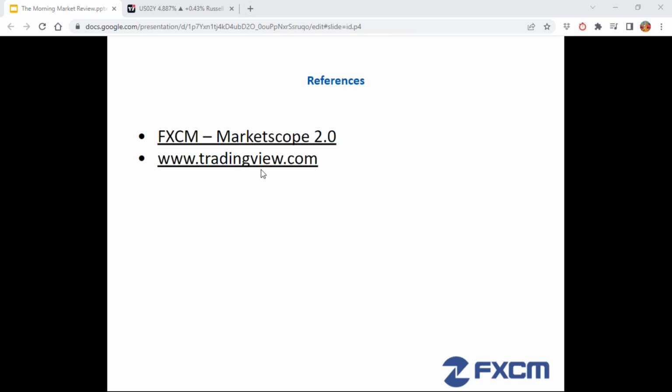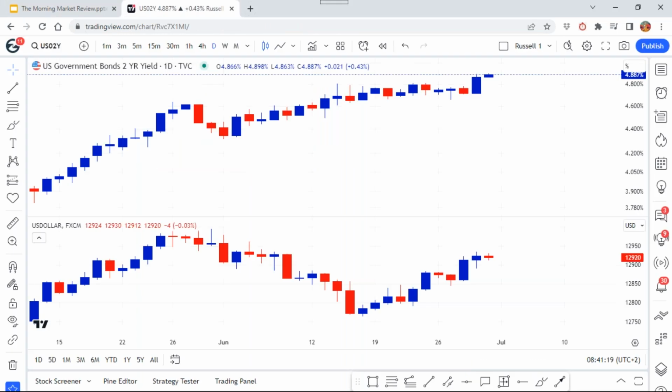And what we'll do is we'll take a look at TradingView first. I want to show you this is the US 2-year yield, and underneath that's the US dollar. And what happened yesterday is we had some really strong economic data coming out of the US. We had final GDP coming in at 2%, and that was much higher than the expected 1.4%.